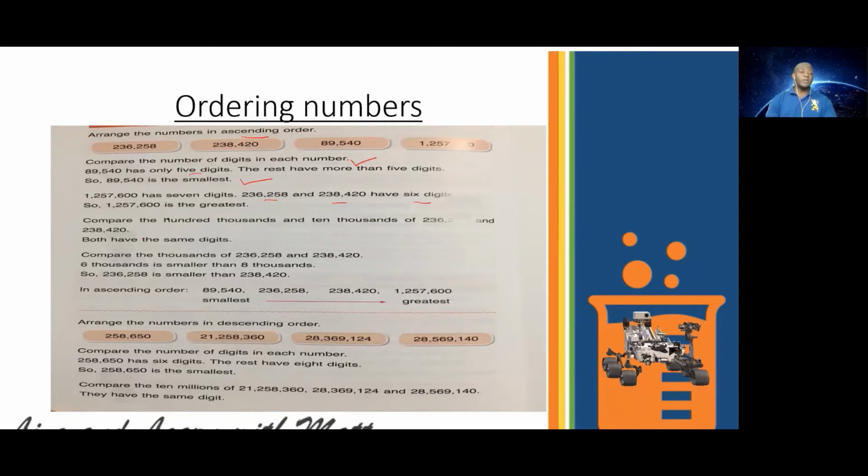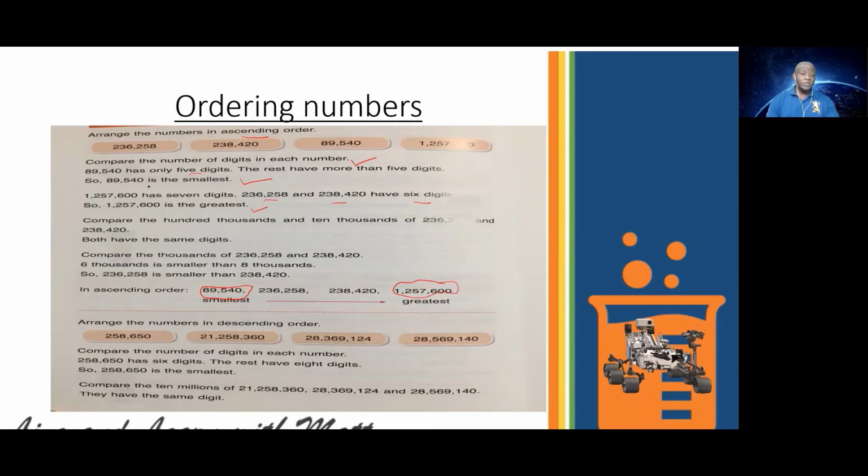So we say this 1 million plus is the greatest number because it's got 7 digits. Now we have the smallest number, and we also have the greatest number. Now let's take a look at the rest of the two numbers.